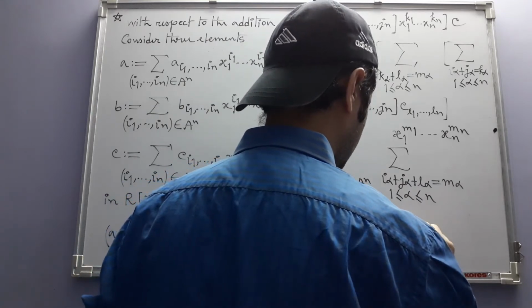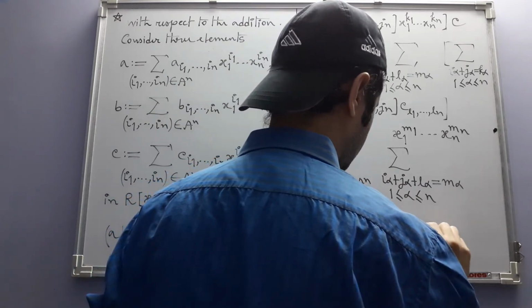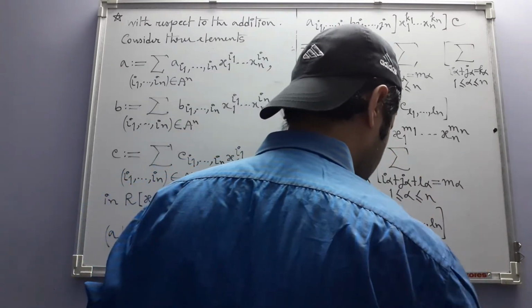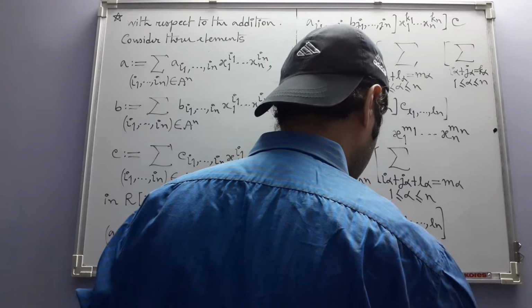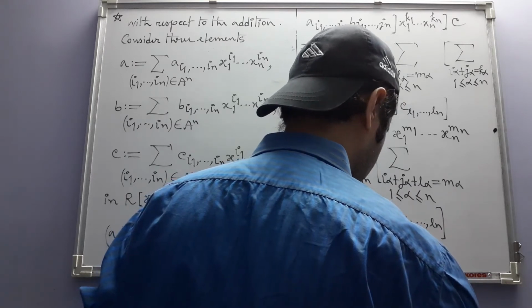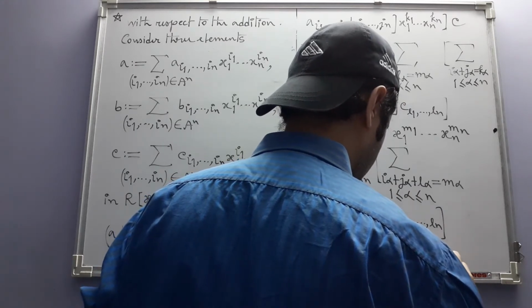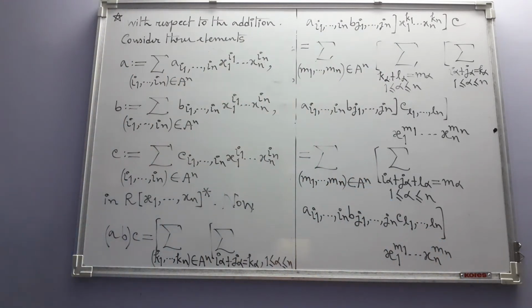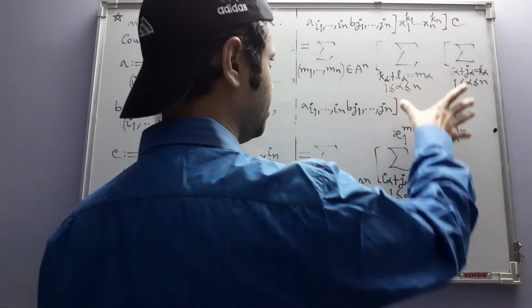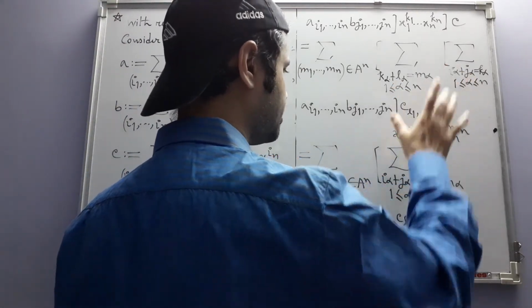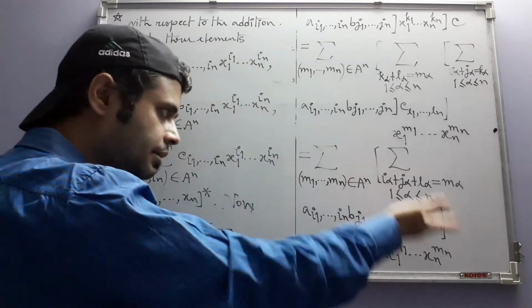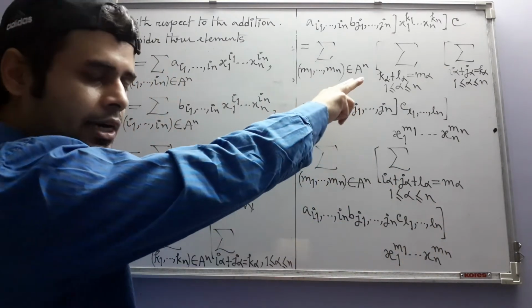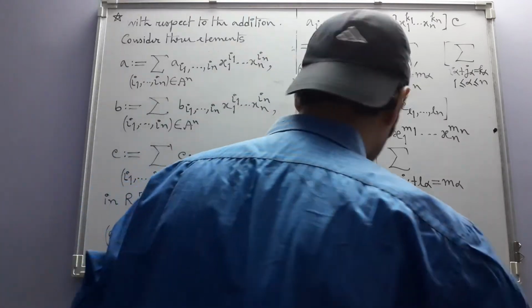C L1 Ln. Now just like we have been able to write this double sum as a single sum, we can again write this single sum as a double sum, but not the exact same thing, something else.